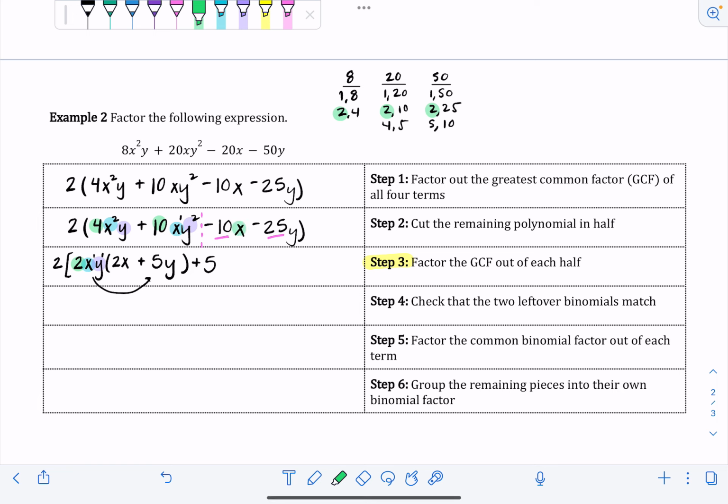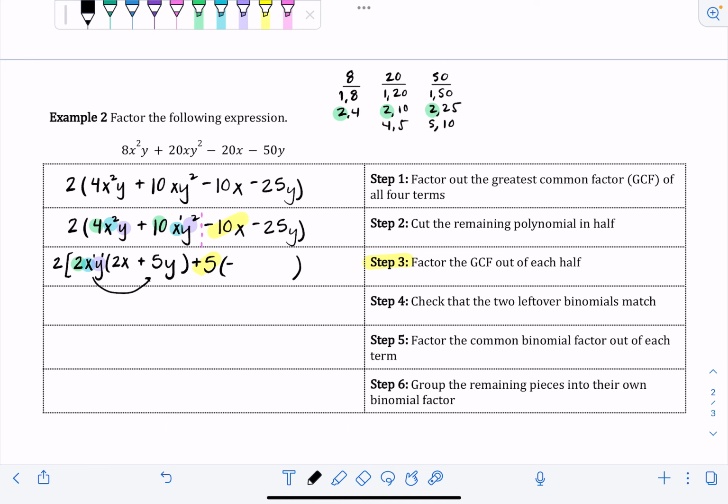This one has an x, but the other one doesn't. This one has a y, but the other one doesn't. So I can't factor out any variables. I just factor out the 5. When I factor that out, I'm dividing it out of each term. Again, you're still not writing this because I'm making a mistake on purpose, and then I'll go back and fix it.